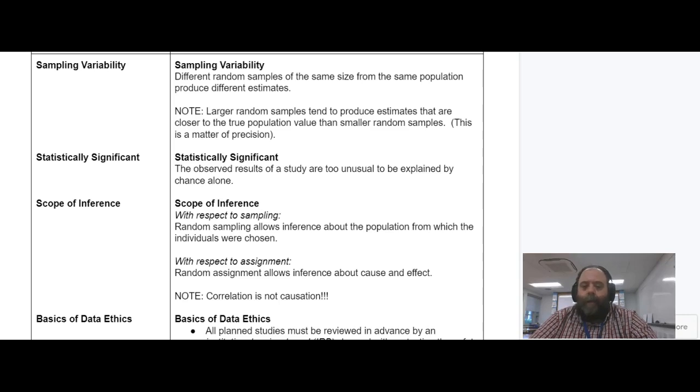Later on, we're going to say that statistical significance is usually measured by something that we call alpha, which is going to be a probability that this occurred by chance, and we want alpha to be less than 0.05, right? Usually that's the benchmark for statistical significance: we want less than a 5% chance of the event occurring by chance.